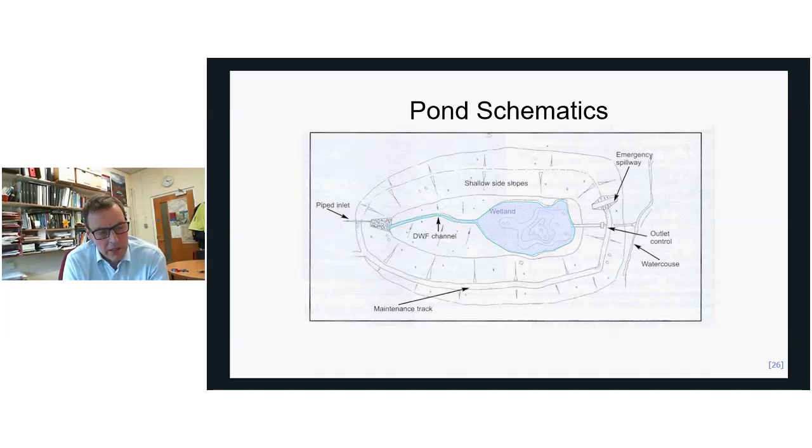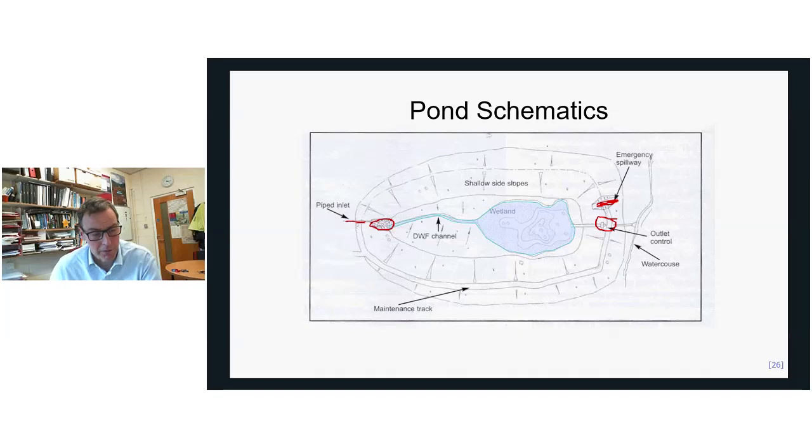So this is a typical pond design where you have your inlet. It's typically reinforced in some way so it doesn't just become a muddy mess as the flow comes in. You've got your outlet structure, and then if your pond is bunded, you've got an overflow as well, because what you don't want to happen is, if you do get to the stage where your pond is full and it's a bunded structure, and it begins to overflow, there's a danger you'll get erosion there and it may collapse.